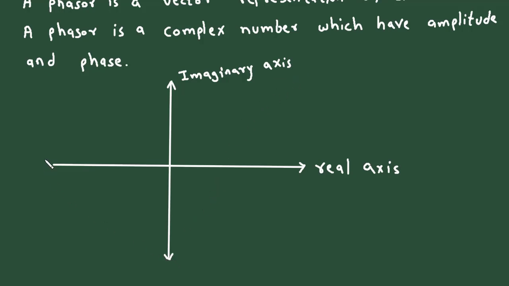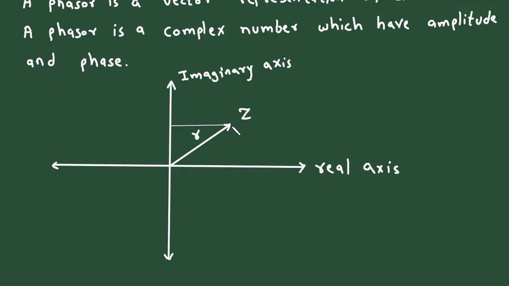We have already seen that this horizontal axis is plus cos omega t, and here this is plus sin omega t. But in this case, this is real axis and this is imaginary axis. And here this is called phasor, and this length is represented by r. R is the magnitude of z. This is z, and this z is the phasor. It is a complex number which have amplitude and phase.